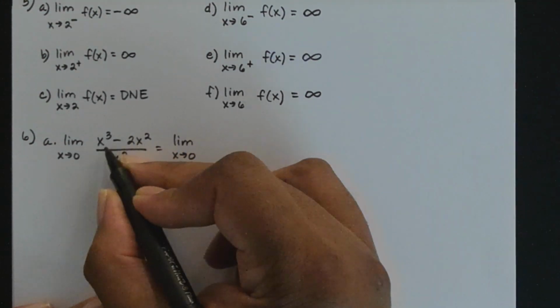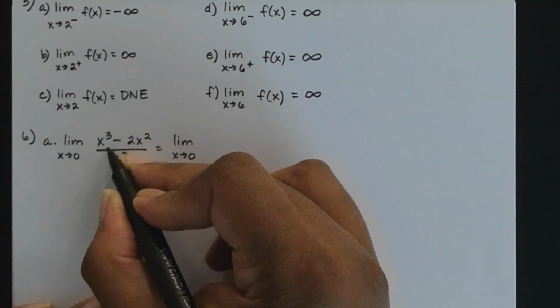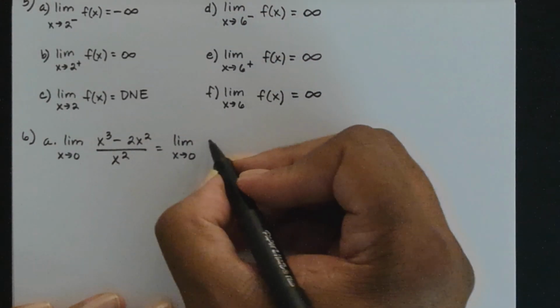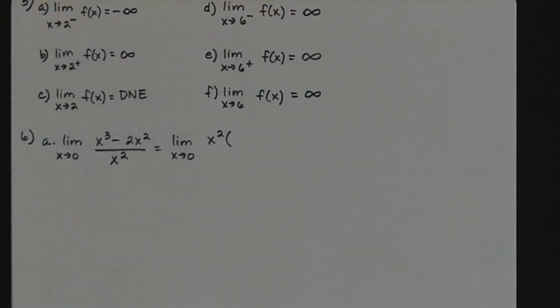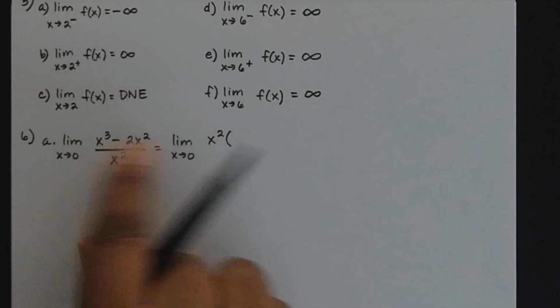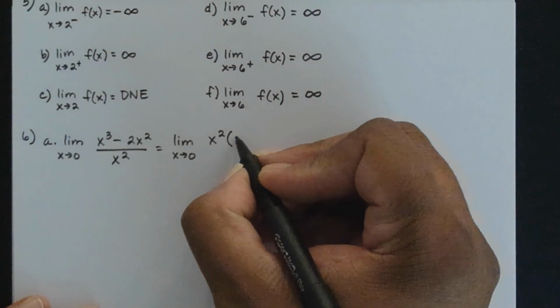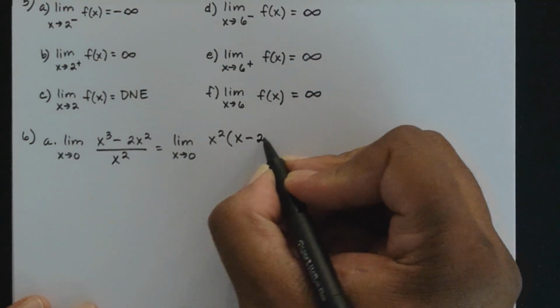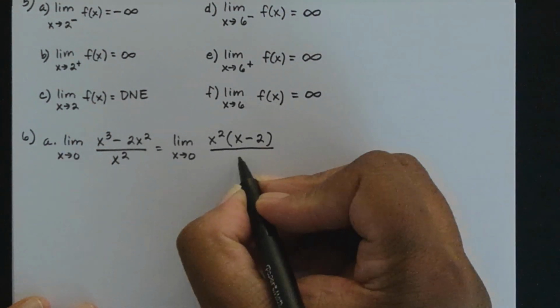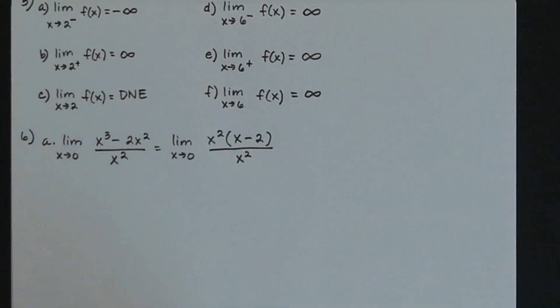Common factor, x squared, because x is in both of them, and we take the one with the smallest exponent. So x squared would be a common factor. Then x cubed divided by x squared would be x, and minus 2x squared divided by x squared would just be 2. That's all divided by x squared.